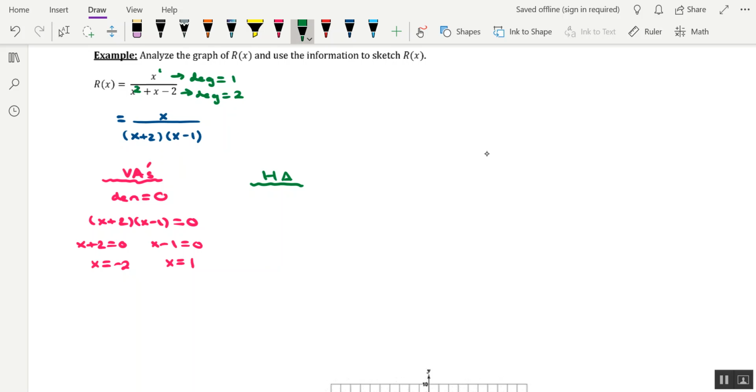So this is a situation where the degree of the numerator is less than the degree of the denominator. That would be a case 1 situation where the horizontal asymptote is automatically the equation y equals 0, or in other words, the x-axis.